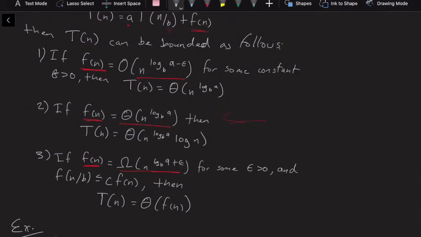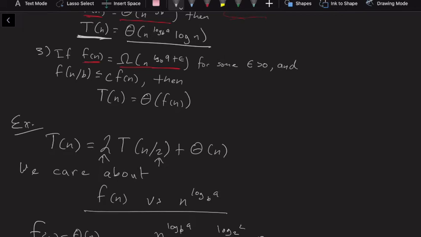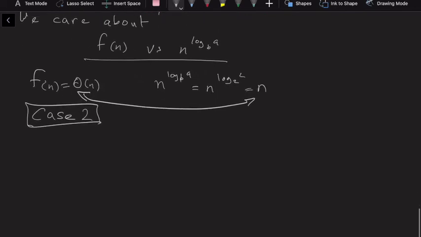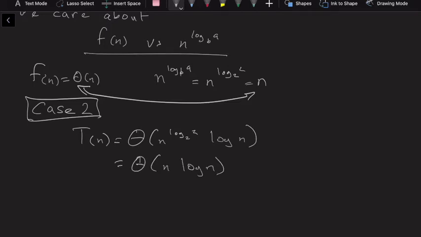Case 2 says that T of n is going to be theta of n to the log base b of a times log n. So the runtime is going to be theta of n to the log base 2 of 2 times log n, which means it's theta of n log n, which is what we expected, as it should be.